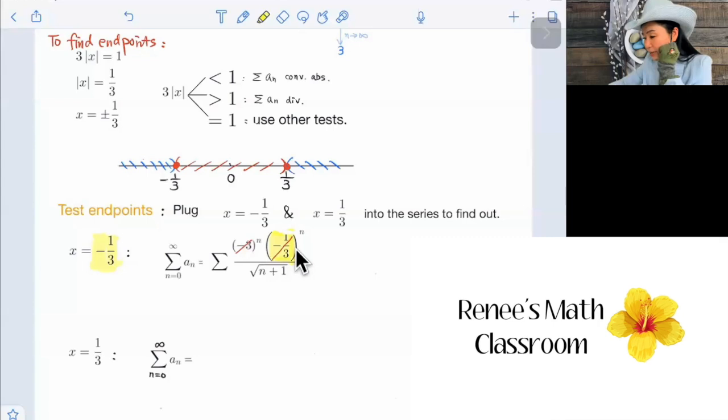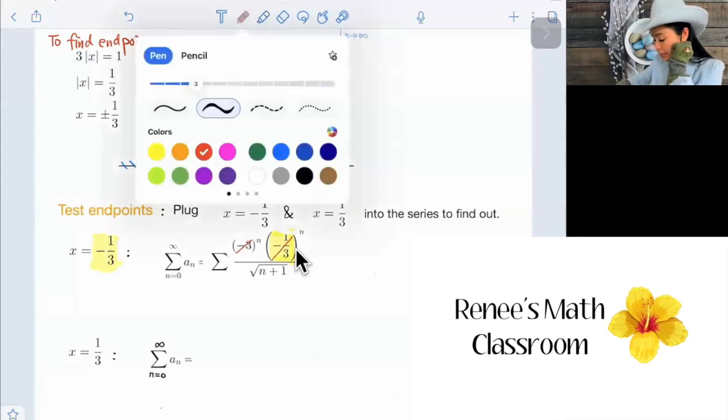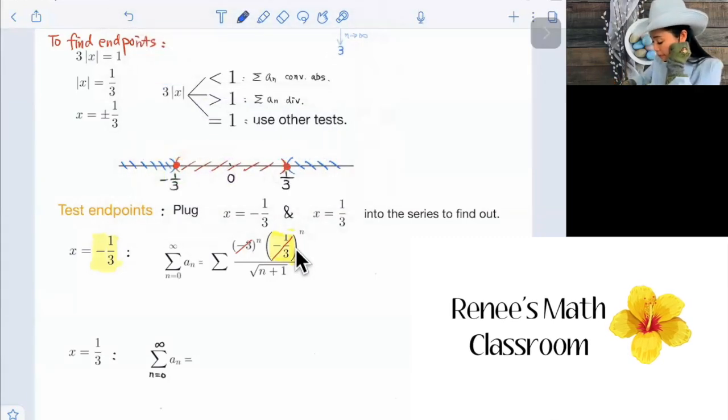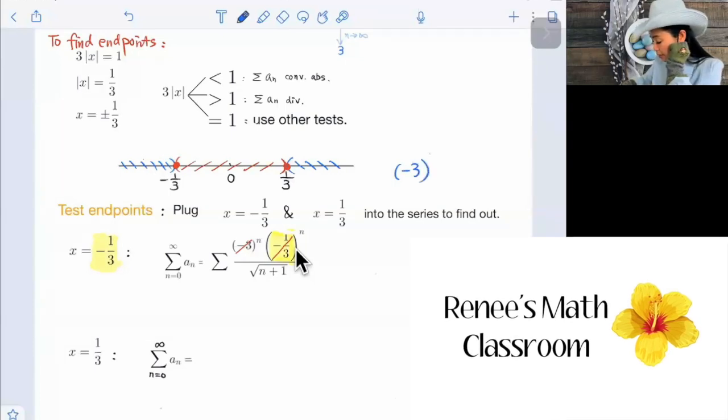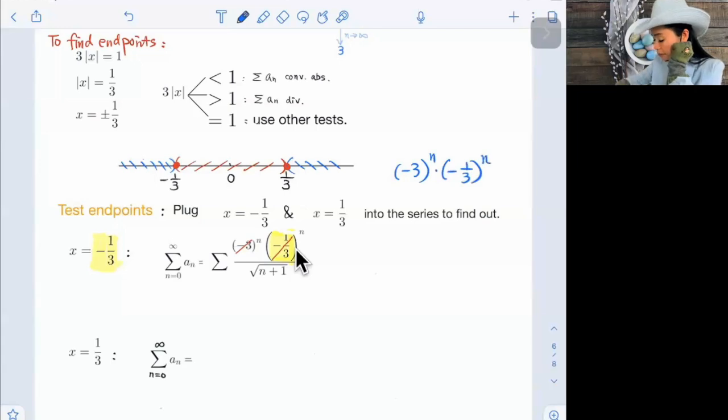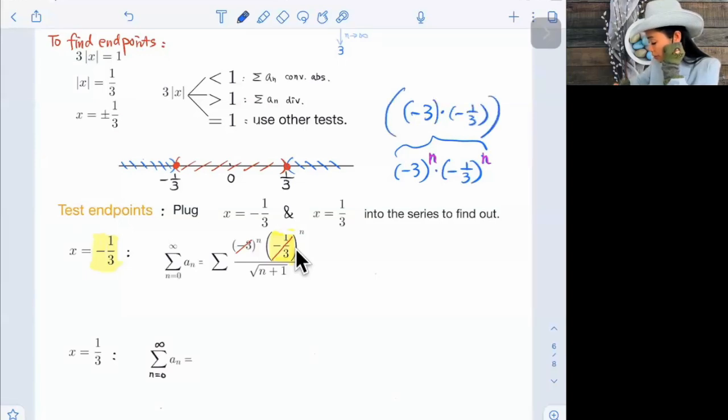Remember this, right? So when you have negative 3 to the n times negative 1/3 to the n, both raised to the n power, then you can put them under the power n, right? So that's equal to negative 3 times negative 1/3, and then raised to the n power.